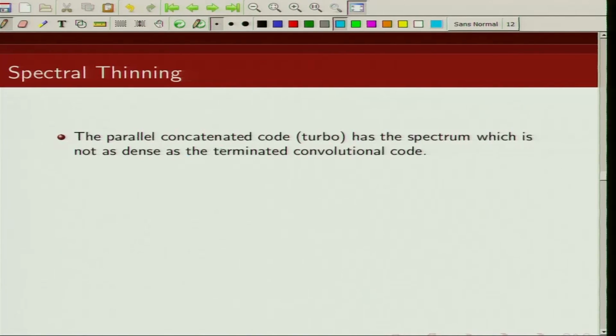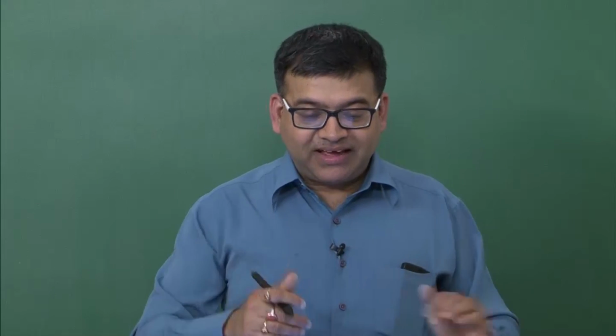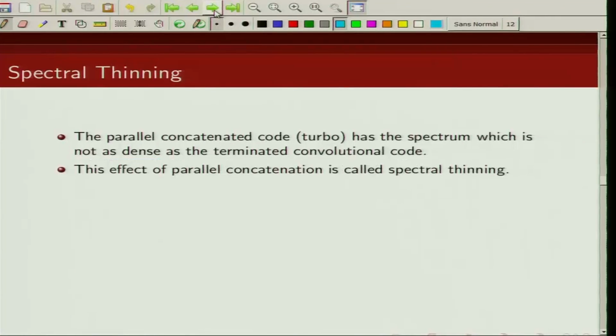A parallel concatenated code has a spectrum which is not as dense as a convolutional code. Even with a very small example, the multiplicity of low weight code words has reduced in the case of turbo codes.